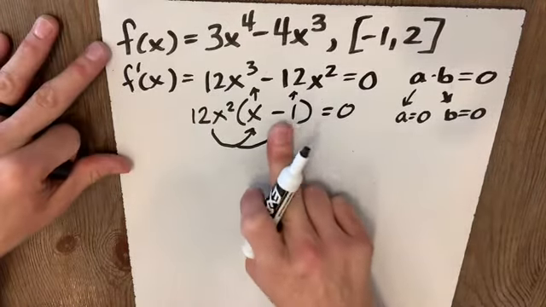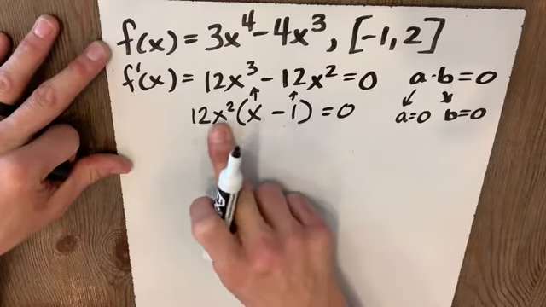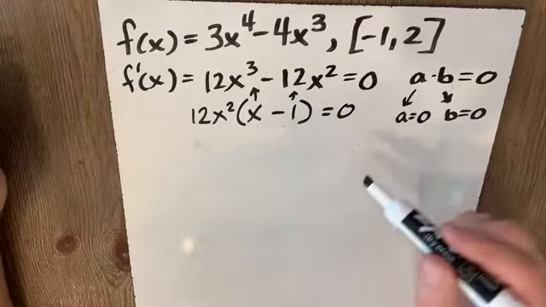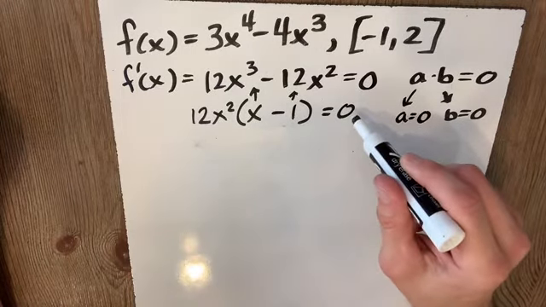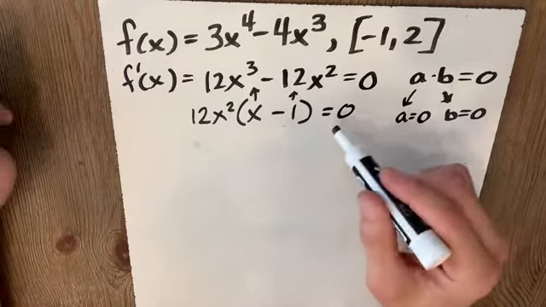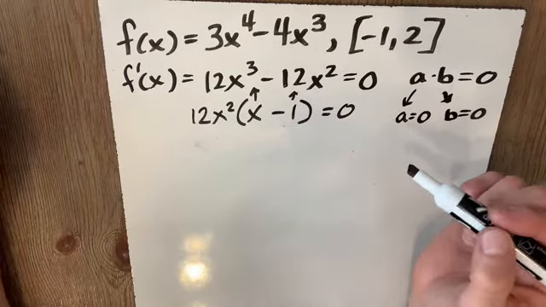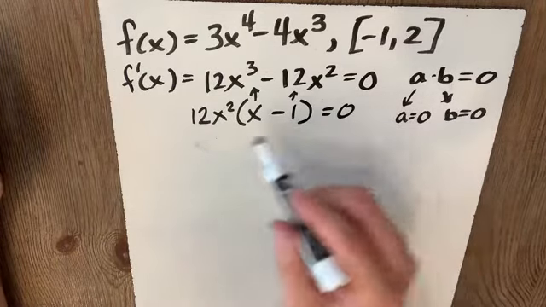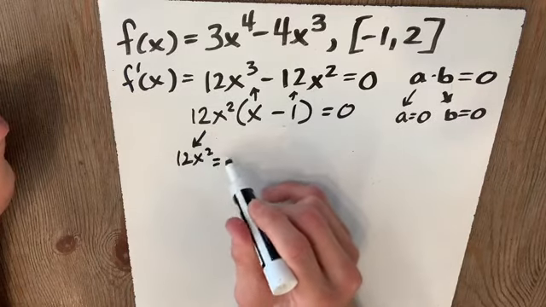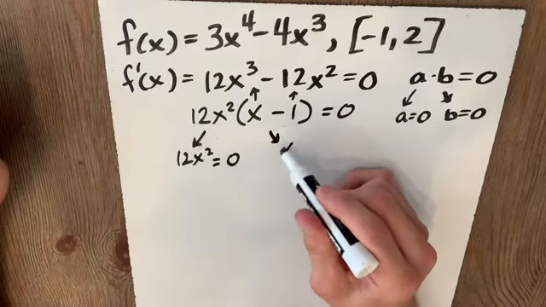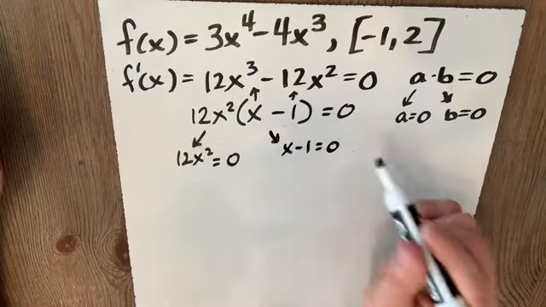Now that I've got this times that equals 0, by the zero product property, and this only works when our right side of the equation is 0. We don't have a 1 product property or a negative 1 product property or 5 product property. It's got to be 0 over here. I can conclude that 12x squared must be 0, or x minus 1 must be 0, or both.